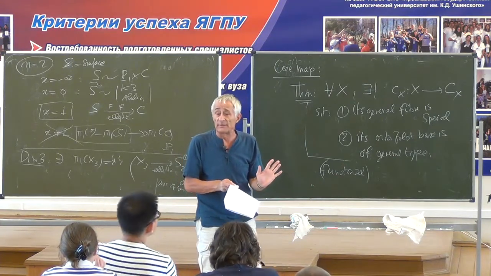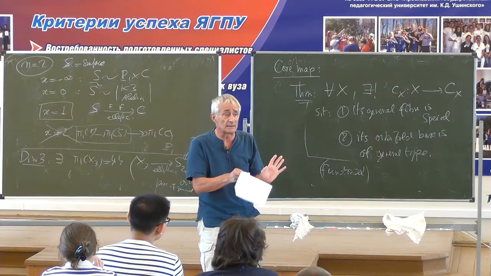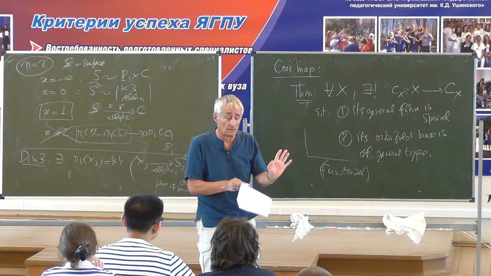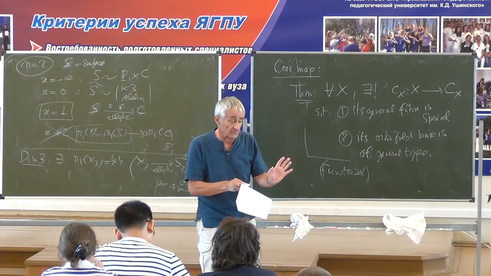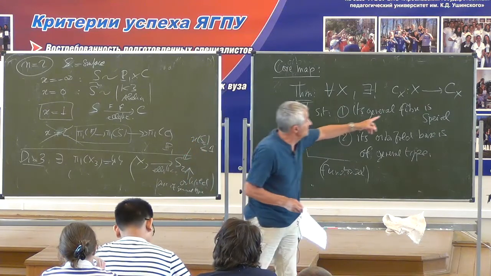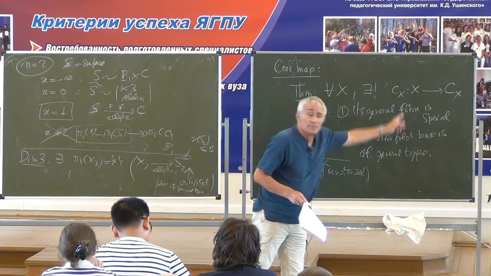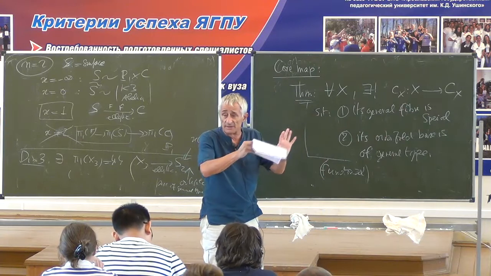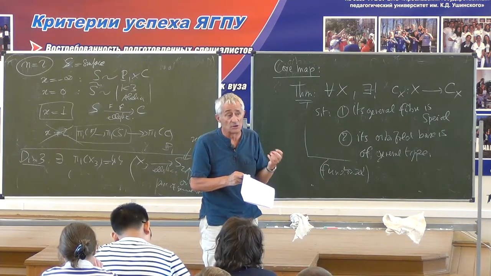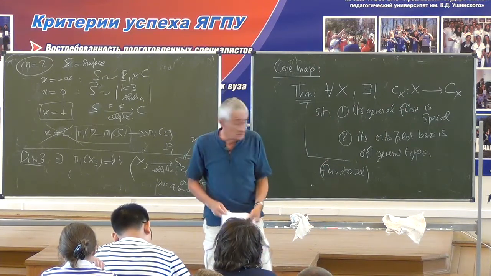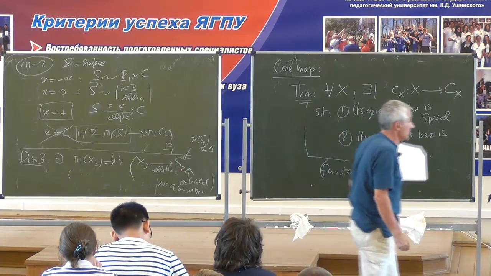And you should think that general type is the exact opposite of special. So you should see the special manifolds as natural higher dimensional extensions of rational or elliptic curves. And so we have this kind of result.